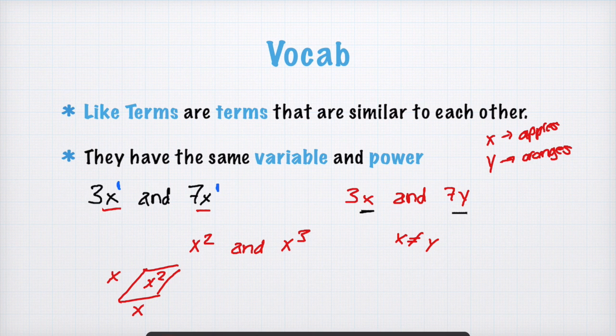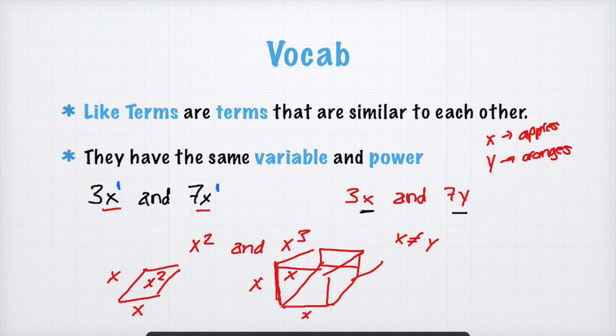Now, if we're doing x cubed, we're going to have an x on one side and an x on the other side. And then we have the problem of this x coming up on the top. So not only do we have that square originally, we now have a box or a cube, and inside that cube it has a volume of x cubed.